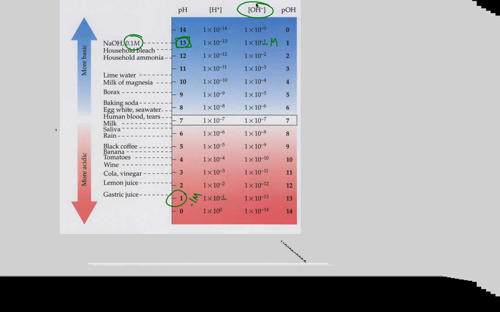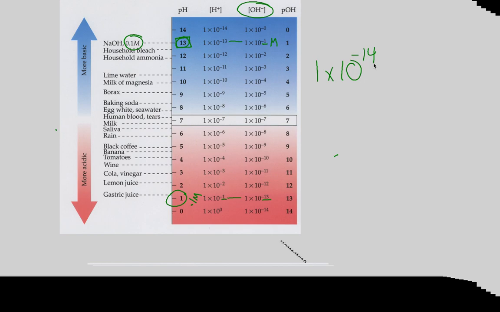If stomach acid has a hydrogen ion concentration of 10 to the negative first, it will have a hydroxide concentration of 10 to the negative 13th. Again, multiplying these two together, just like multiplying these two together, has always got to result in 10 to the negative 14th. Do you get the idea? Now guys, check this out.